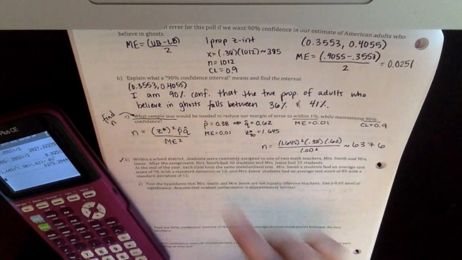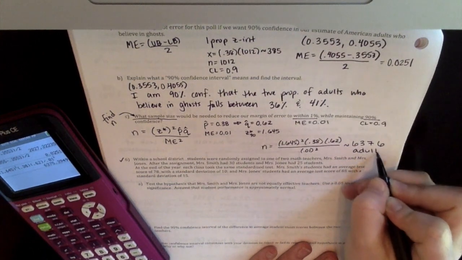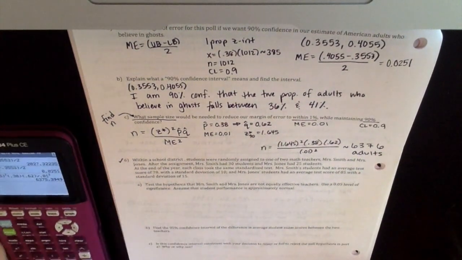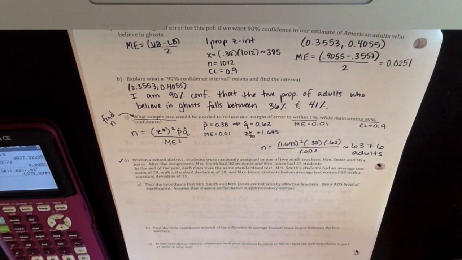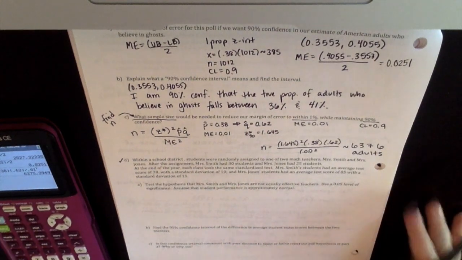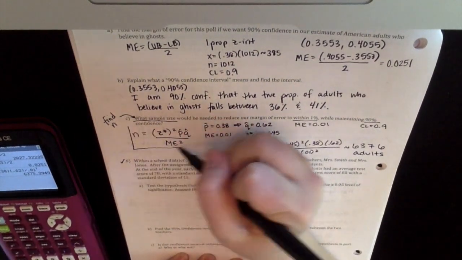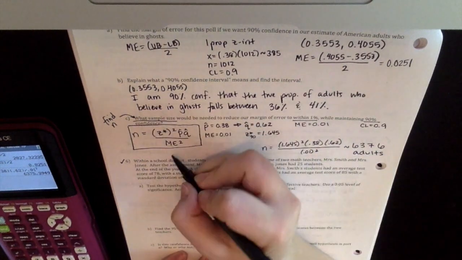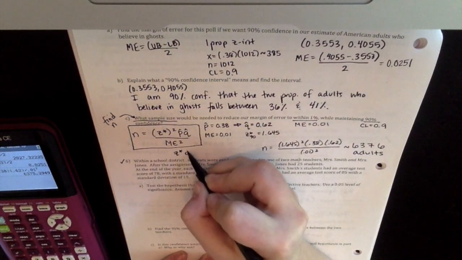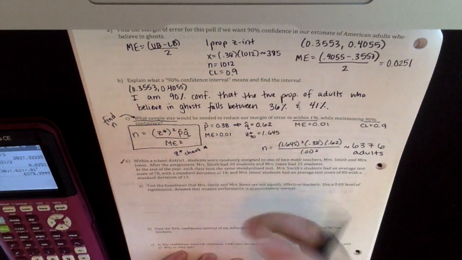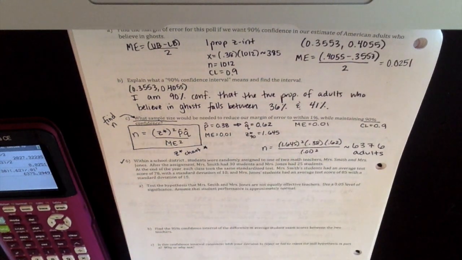Who are these people? Adults. American adults. That's who we're surveying. Okay? All right, let's move on to the next question. If you are nervous about this one, I would definitely put this as well as the Z star chart on my note card, okay, to go with it.